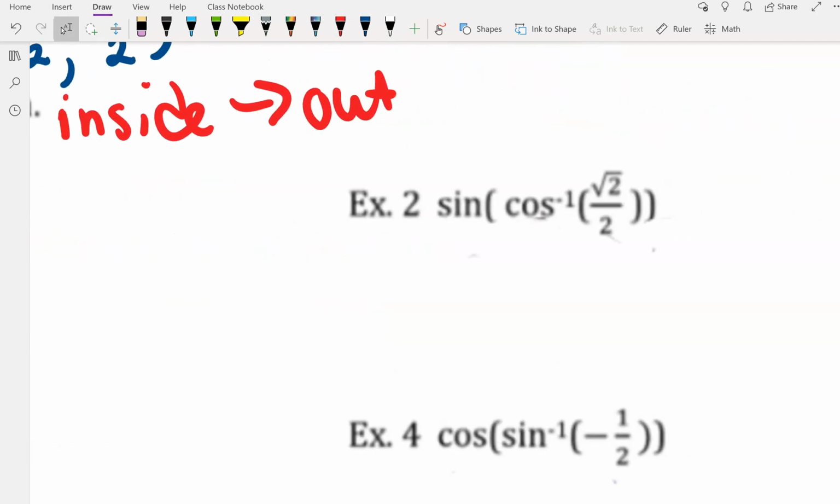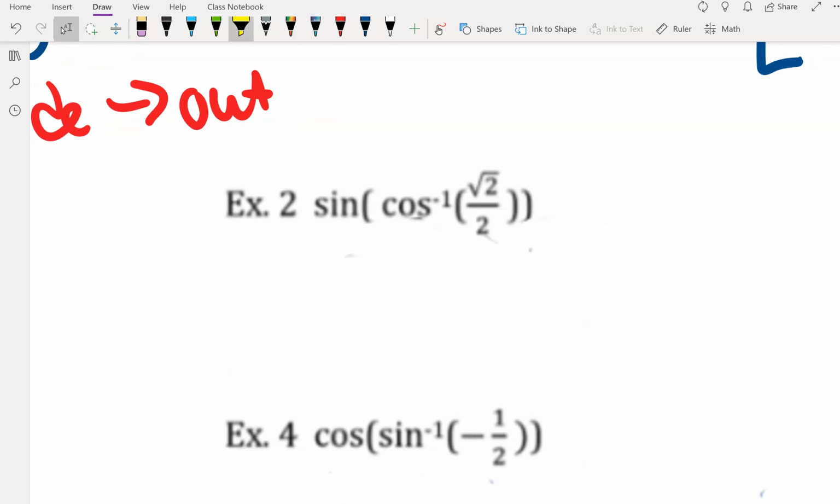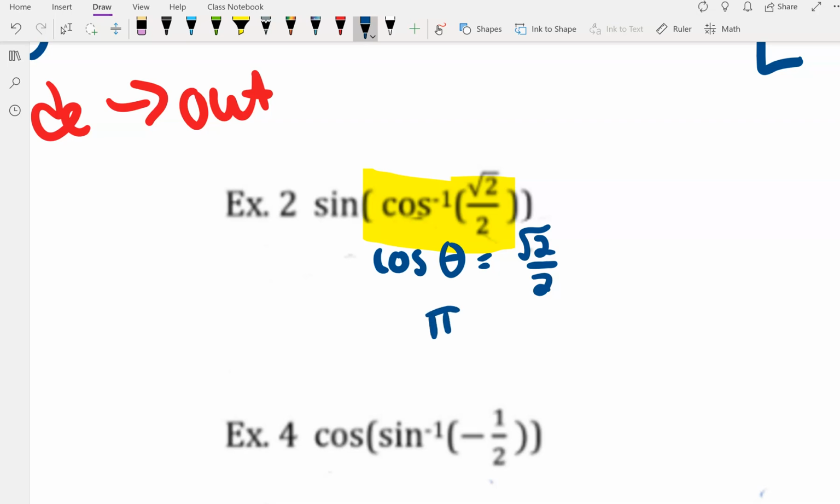All right, moving on. Now let's start again on the inside. I'm going to rewrite this as cosine of some angle theta, I don't know what that is yet, equals root 2 over 2. I know that cosine of 45 is root 2 over 2, or pi over 4.